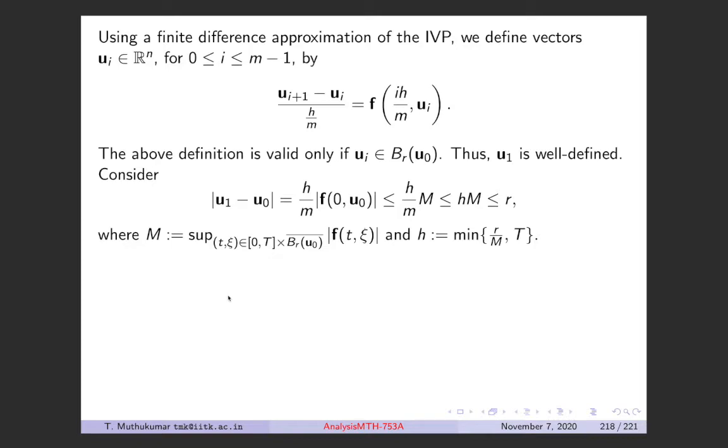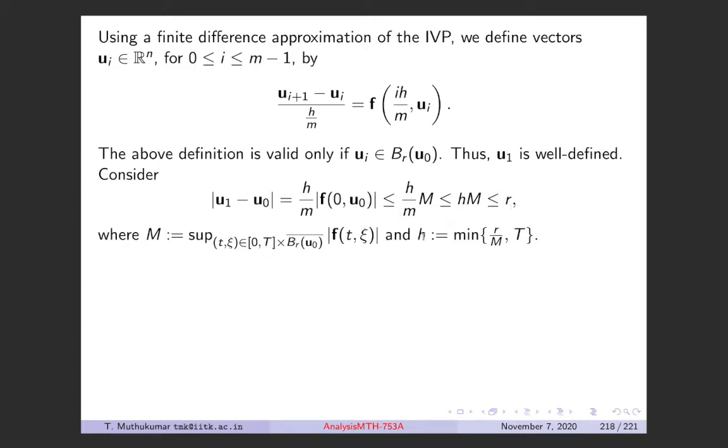So if we choose h like that, we have h over m times M, but h over m is a partition of the entire interval h, so h is of course bigger than h over m. Since we have chosen h such that it's the minimum of r over M and something, h is less than or equal to r over M, which means hM is less than or equal to r.